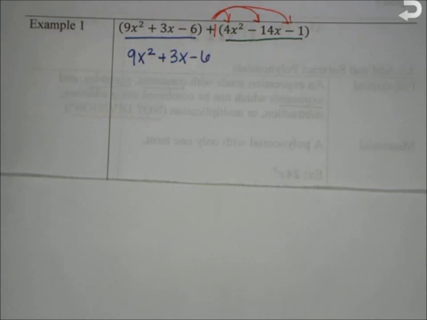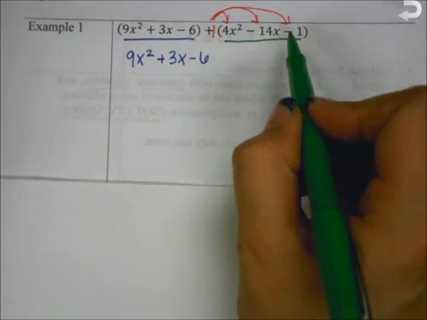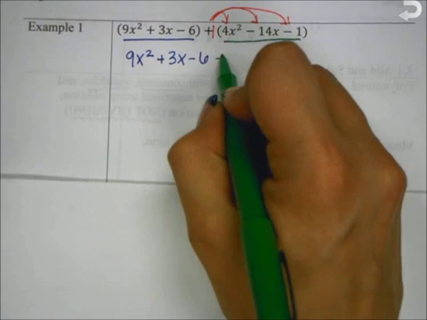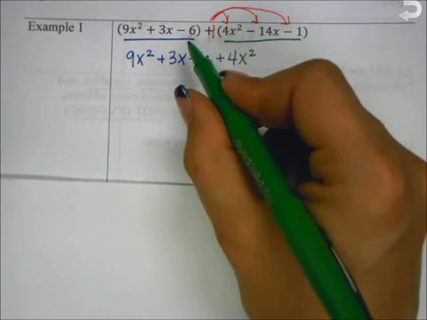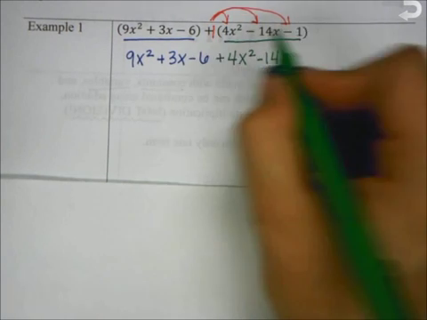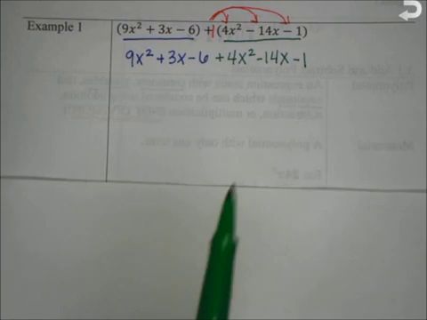If I am multiplying everything by positive 1, what's 4x squared times positive 1? 4x squared. Good, so plus 4x squared. Negative 14x times 1? Negative 14x. And negative 1 times 1? Negative 1. So when we're multiplying by a positive, does anything change? No. So when we're adding, nothing changes here.